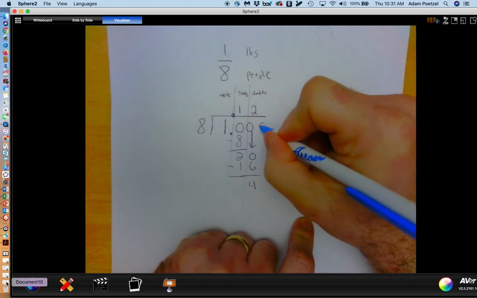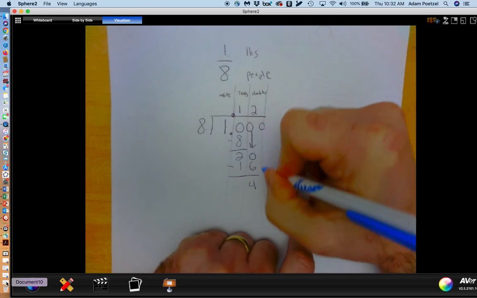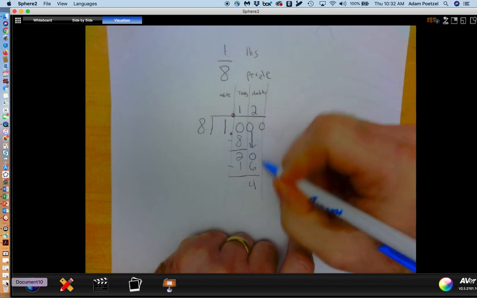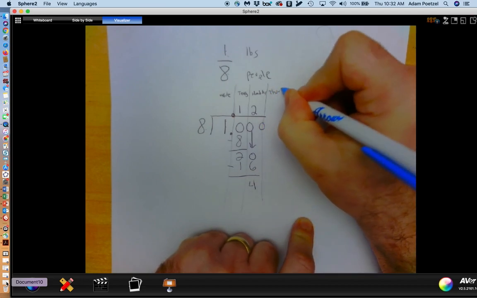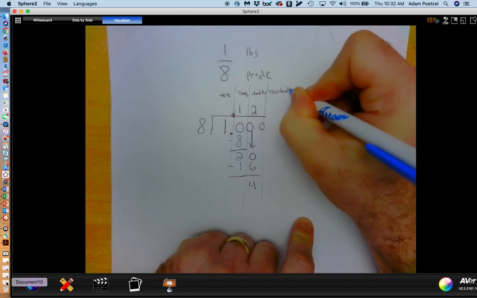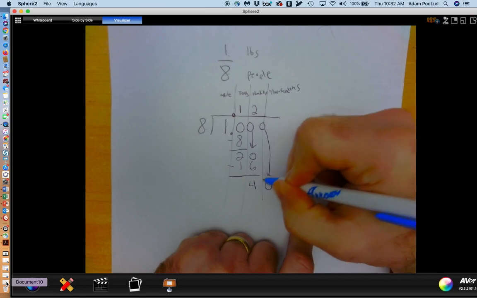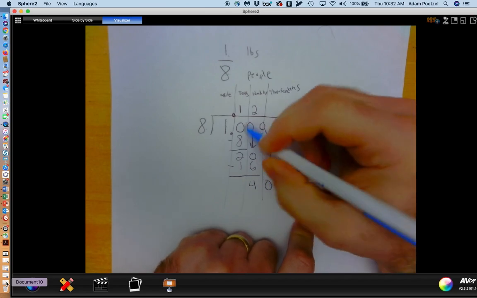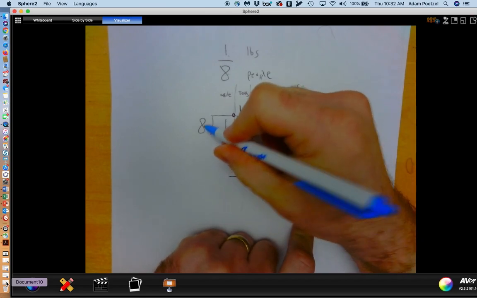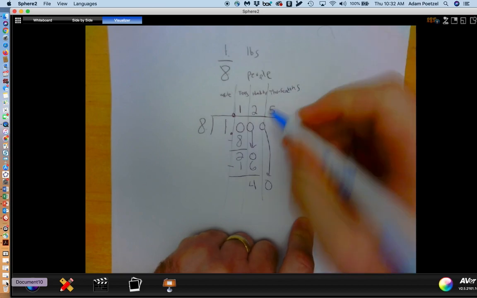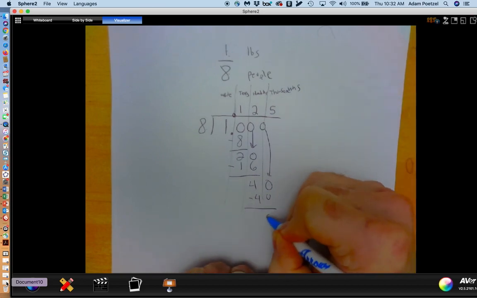So if I wanted, I could go over to thousandths and bring in the next column here for thousandths. Sorry, my writing here is a little messy. When I bring that down, it's like trading in for 40 thousandths. If I did that between 8 people, that would be nice. They would each get 5. And that worked out nicely.